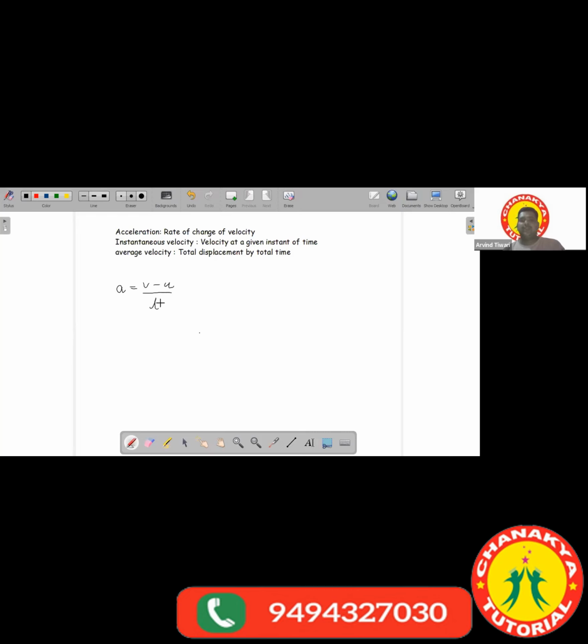The symbols v and u have their meanings: v represents final velocity and u represents initial velocity, and t represents time.